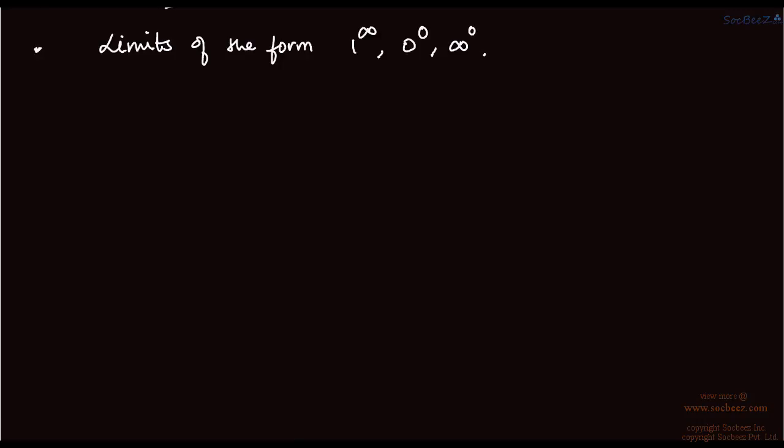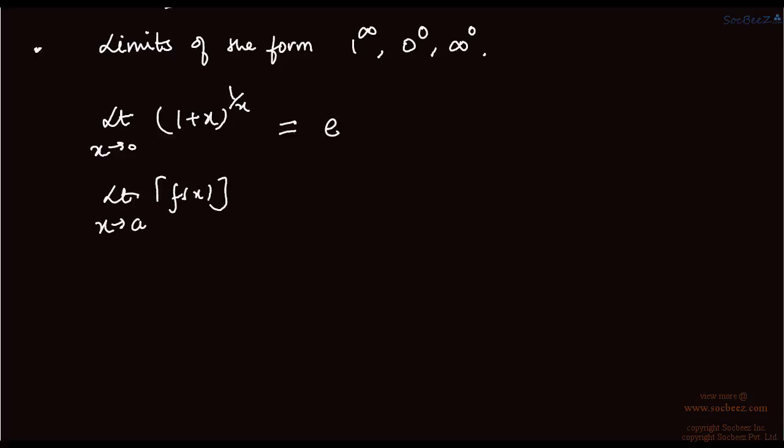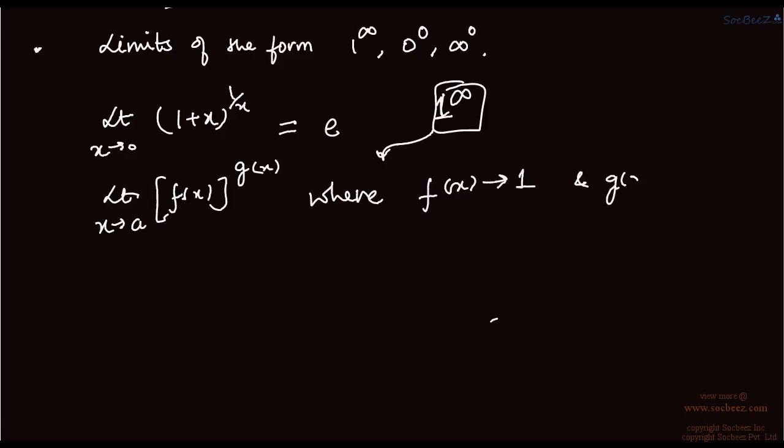So for example, limit x tending to 0, (1 plus x) to the power 1 by x is equal to e. Similarly, limit x tends to a. Let's say we have some f(x) and some g(x), where for 1 to the power infinity types, f(x) is tending to 1 and g(x) is tending to infinity.